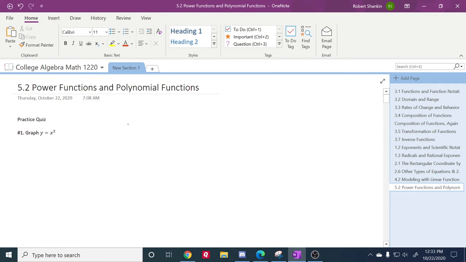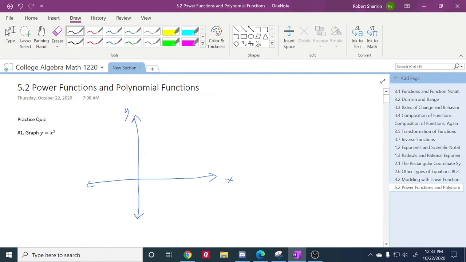All right, we had gone over this before as one of our basic functions, and the graph of it turns out to be an upward parabola.